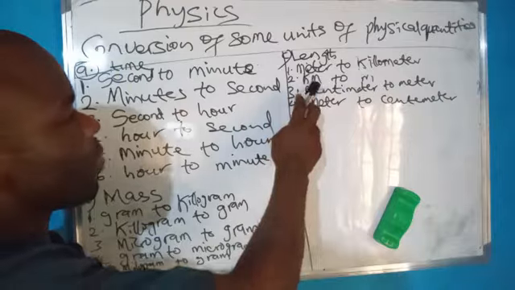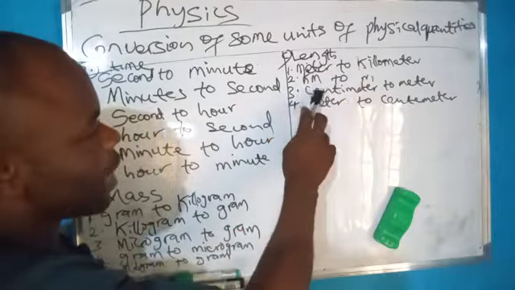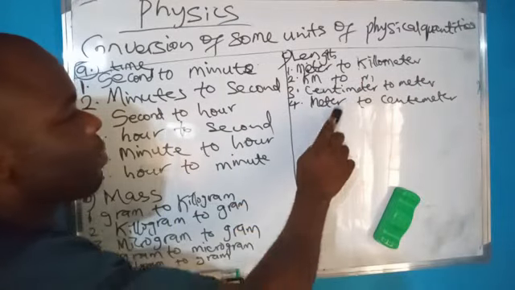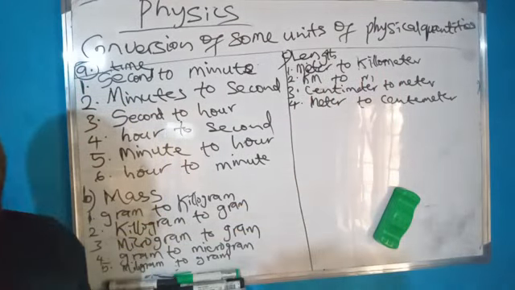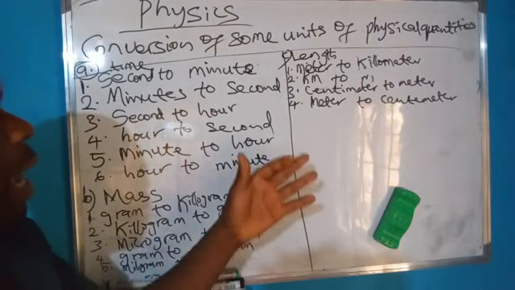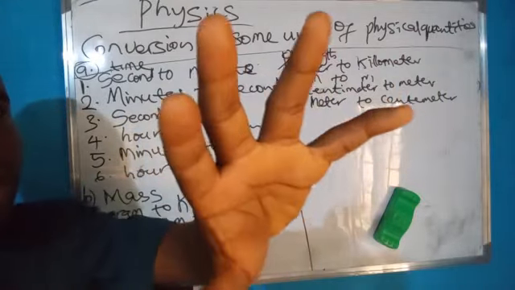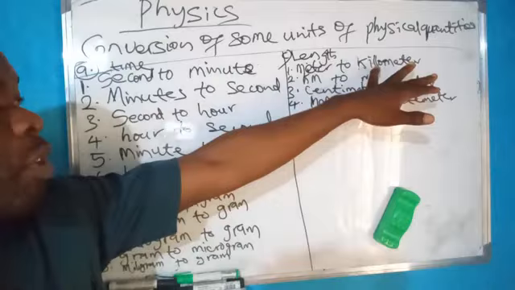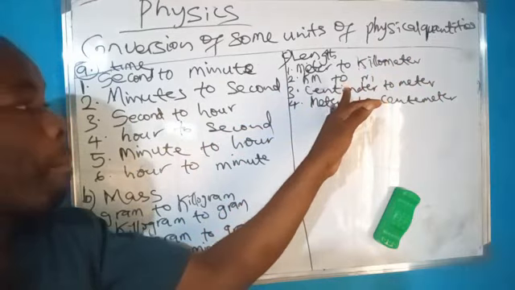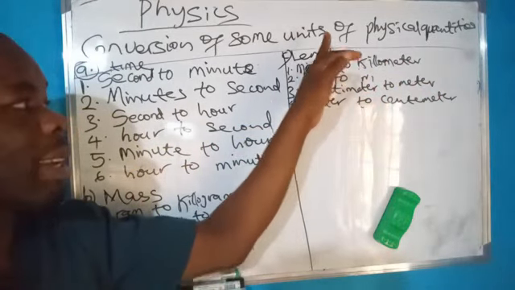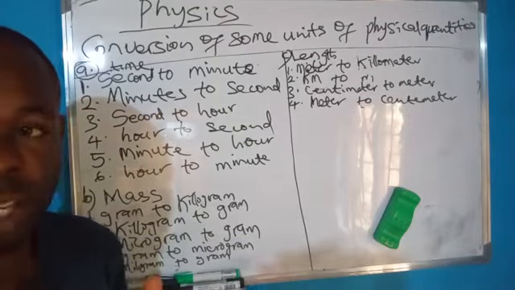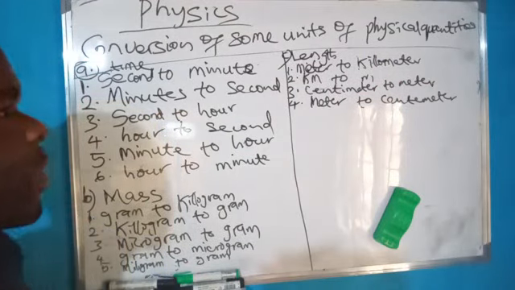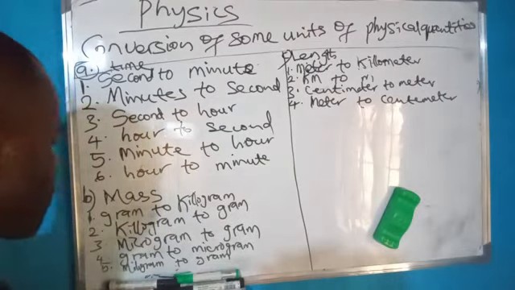Then you see kilometer to meter, then centimeter to meter, meter to centimeter. Very good. Sorry, I made a mistake in the case of kilometer. Meter is the one that is internationally accepted. Okay, is meter.